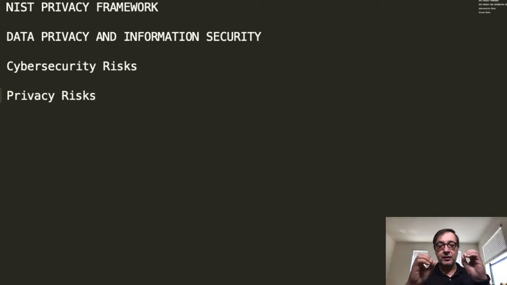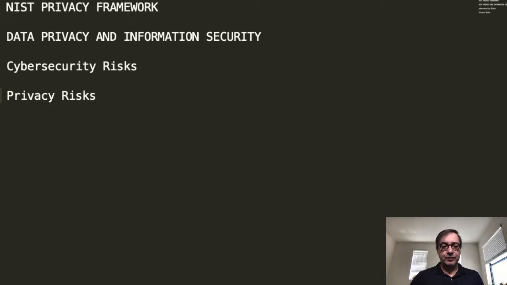So there seem to be two different circles, but when they are together, there is some layer of intersection between those circles, and that's what I want to talk about, to convey the relationship between cybersecurity risks and privacy risks.